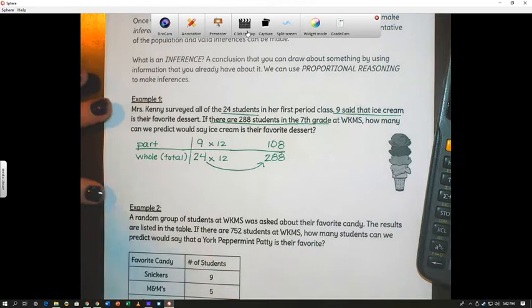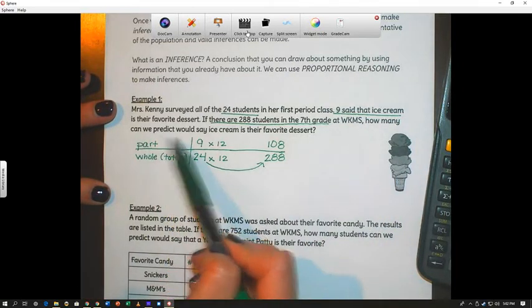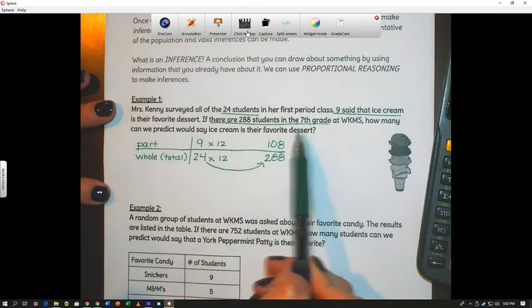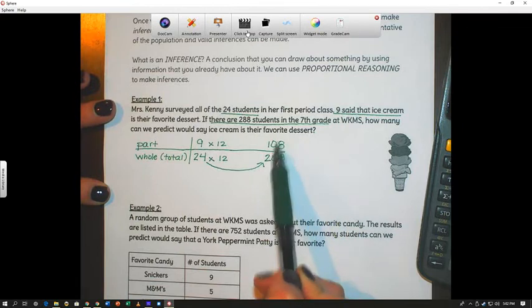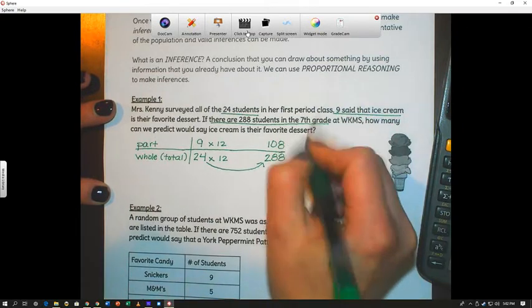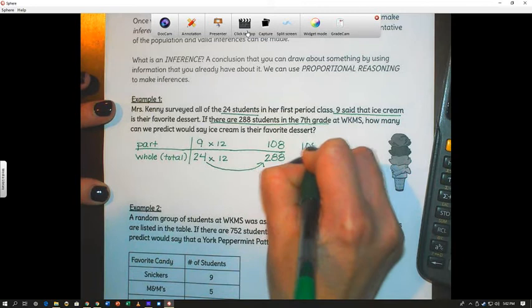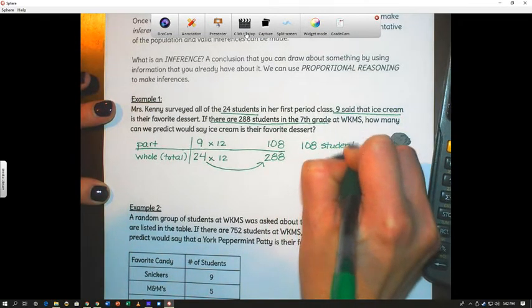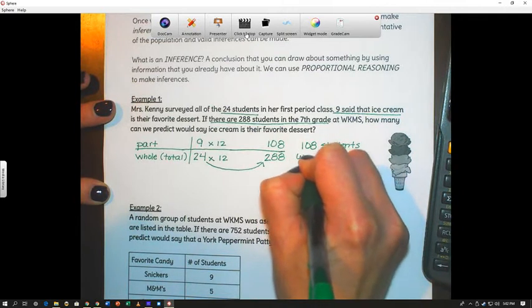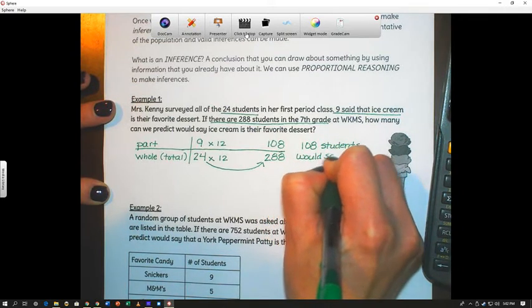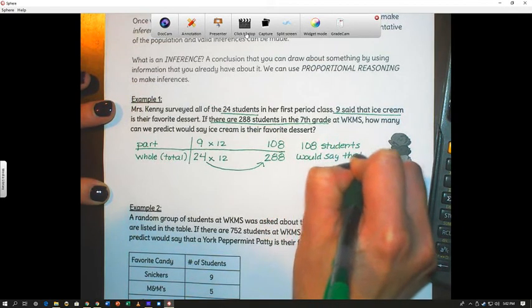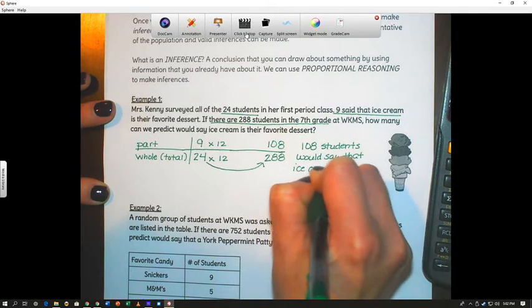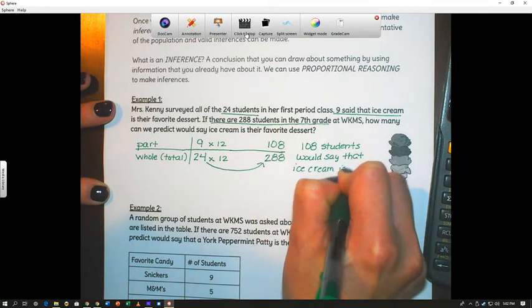How many students can we predict would say ice cream is their favorite dessert? Well, that is the 108. So I'm going to write that in a sentence. 108 students would say that ice cream is their favorite.